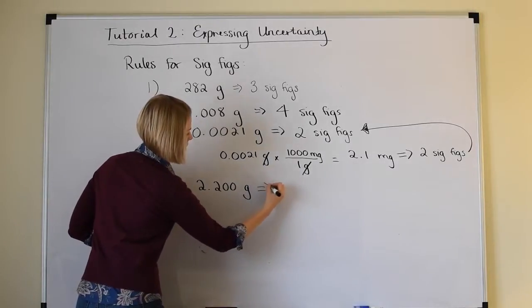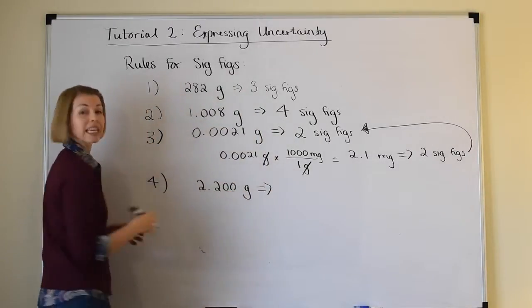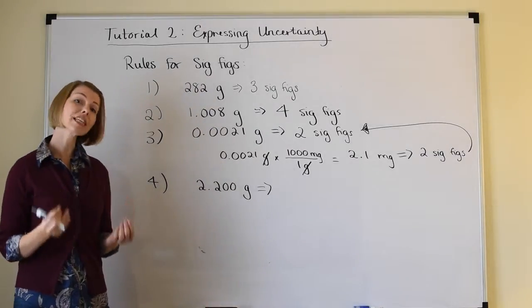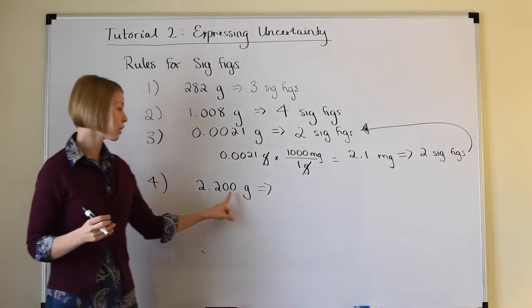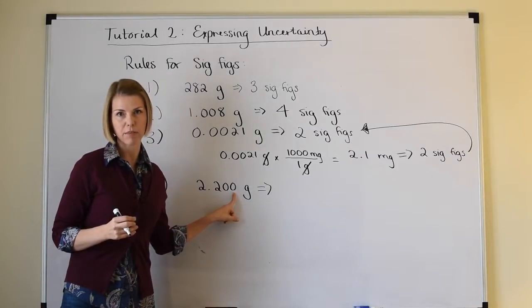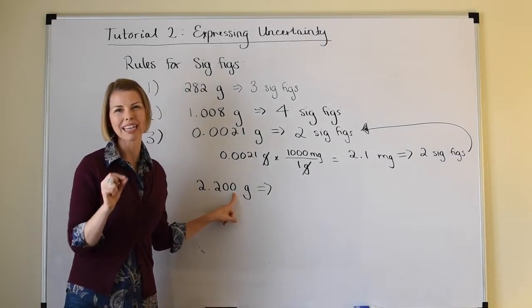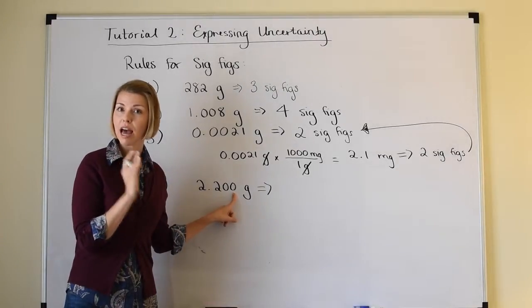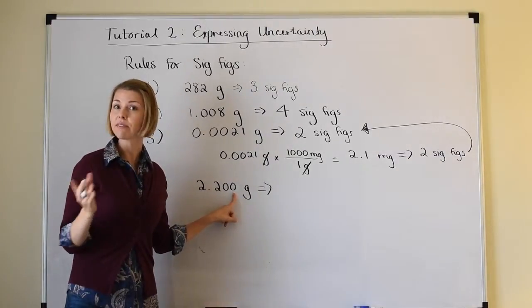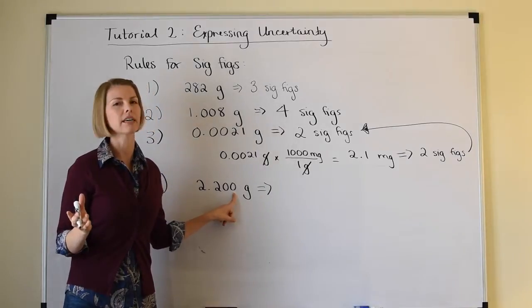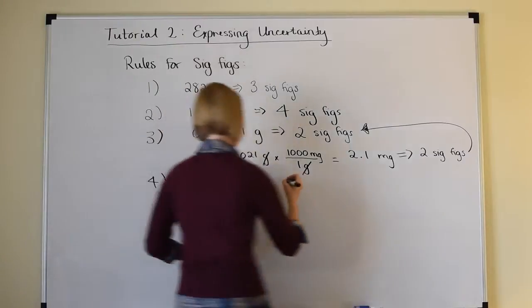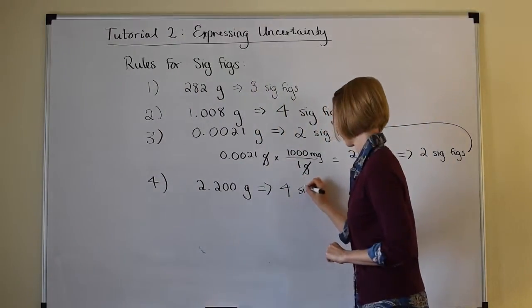Those zeros that came at the end of the number would be counted as significant figures. And that's because, remember, your last recorded digit in a measurement is always the digit you estimated. So you definitely measured that, right? You estimated that last digit. So even if it's a 0, it's a significant figure. Okay, so this has 1, 2, 3, 4. 4 sig figs.